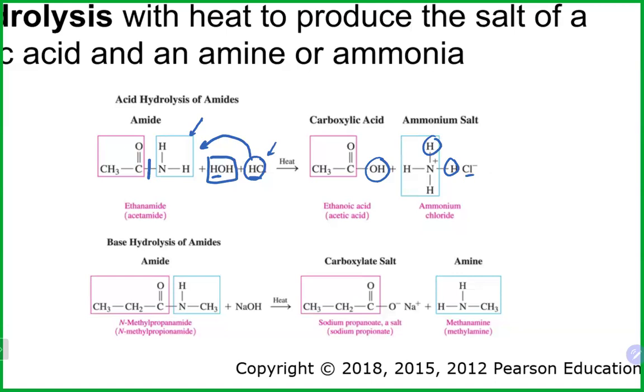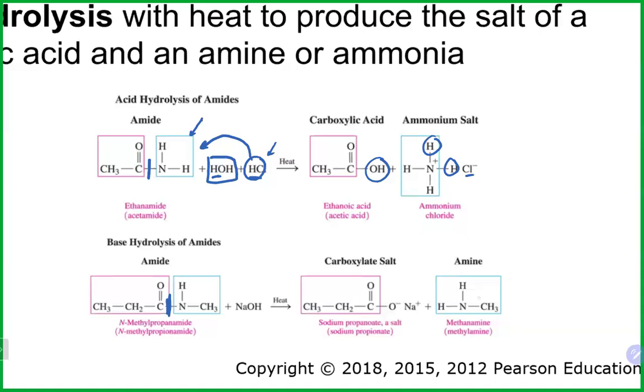If you do the base hydrolysis, same thing is going to happen. We are going to break it between the carbon and the nitrogen. And in this case, we will actually get the amine back, but we will not get the carboxylic acid back. So we don't get back both of them, like we saw in the one with the carboxylic acid and the alcohol. In this case, we get back one and not the other.